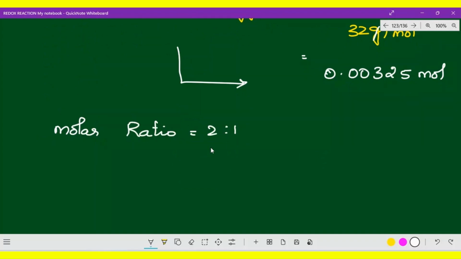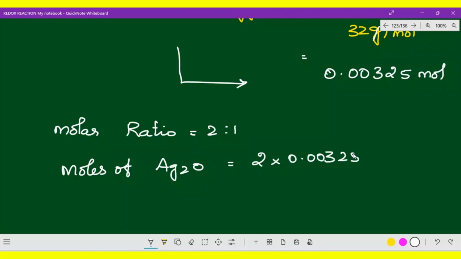That means moles of Ag2O equals 2 into 0.00325 mole. How much will you get? 0.0065 mole.